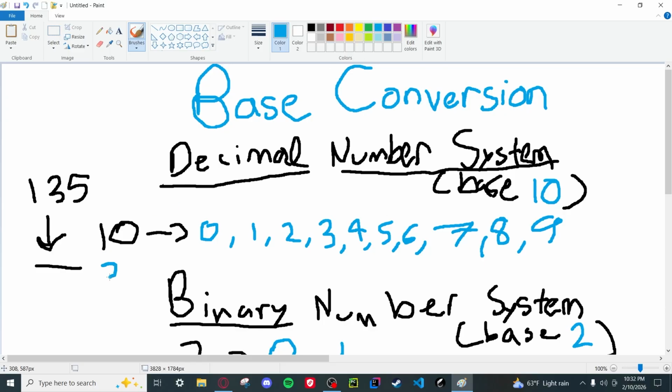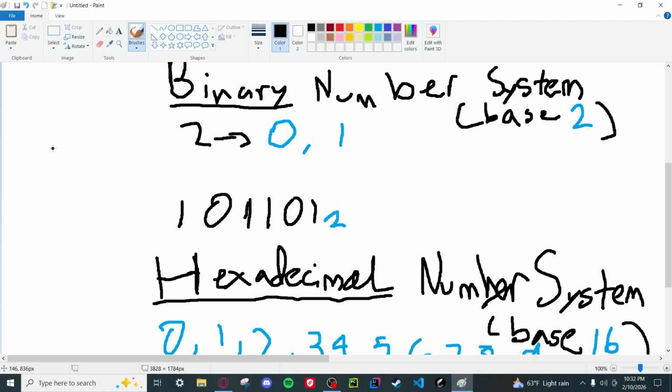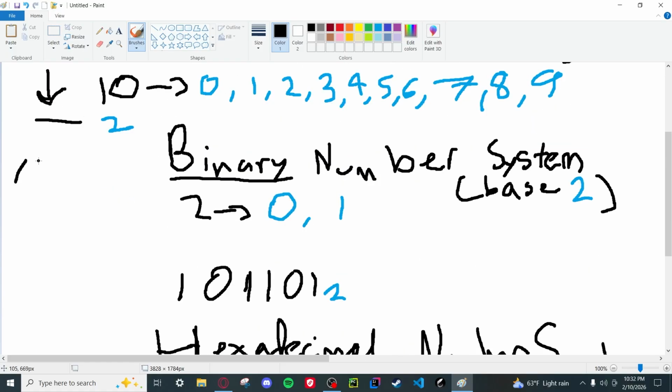Or, consequently, if I want to take a number in base 2, just made up of a bunch of ones and zeros, and convert it into a number in base 10, how do you do that?